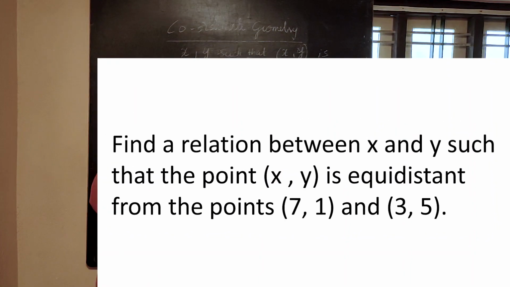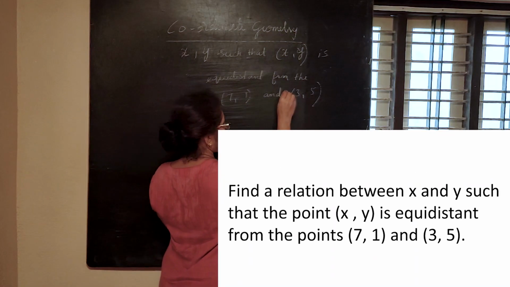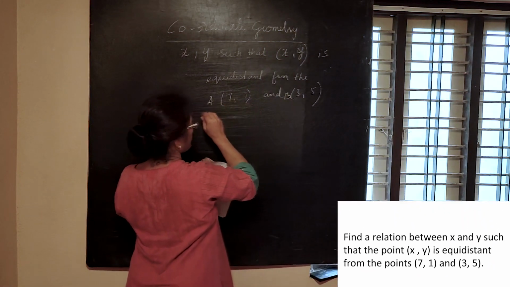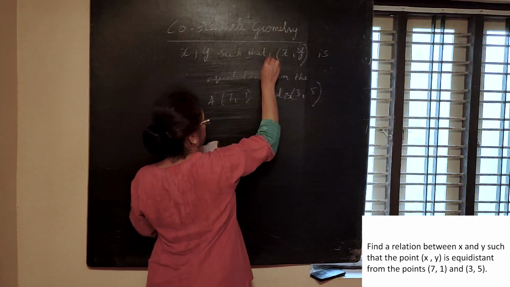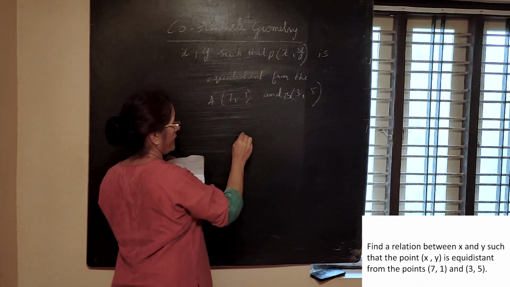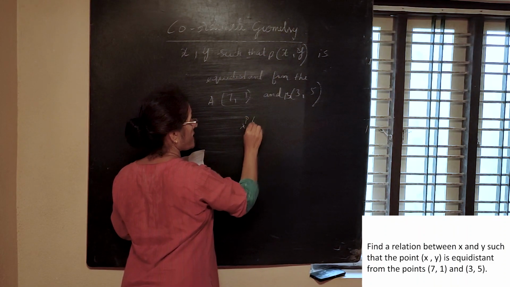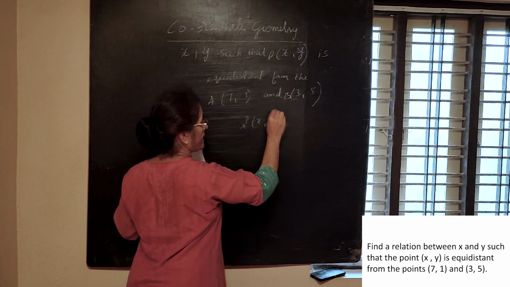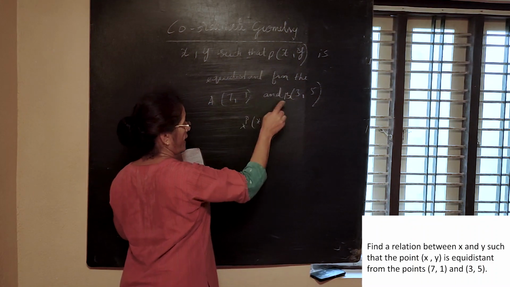Let me call (7, 1) as A, (3, 5) as B, and this point as P. Suppose P is (x, y); it is equidistant from A and B.